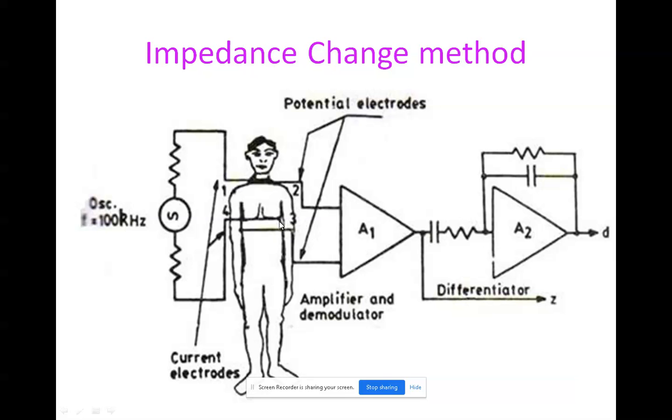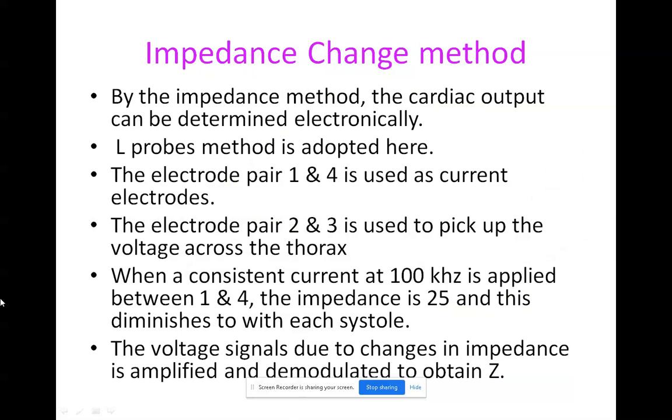The voltage drawn from the 2 and 3 electrodes is amplified and demodulated in A1, and then given to the differentiator. The differentiator does differentiation of that biosignal taken from the heart, and provides it as the D signal.